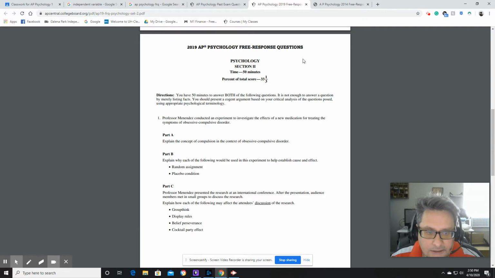All right, so explain why each of the following would be used in the experiment to help establish cause and effect. Random assignment. Why do we need random assignment? We need random assignment so that we can have a control group. So we need a control group.